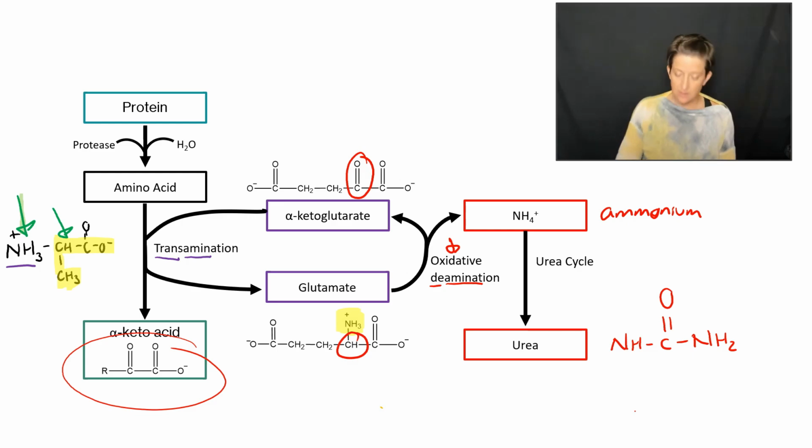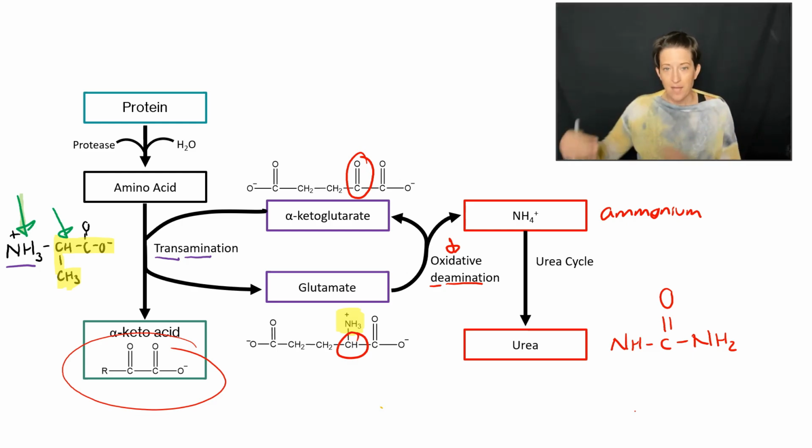To give you an idea, this is what urea looks like. It's a high concentration of nitrogen in this very small compound that then we have to excrete. So that is the final resting place of our nitrogen. It does leave the body if we are catabolizing our amino acids down for energy.